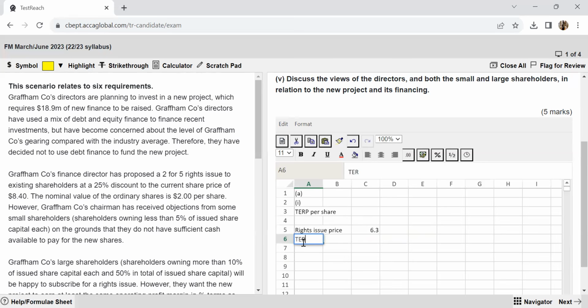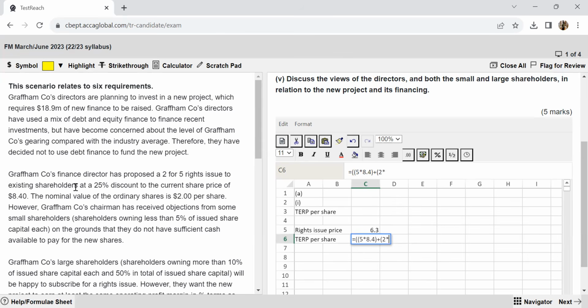Then how do we find out the TERP? TERP per share will be nothing but, first of all, for the numerator, how many shares do you need? Originally, you need 5, and the market value of those 5 is 8.4 per share. And then you add how many you are going to purchase on the rights issue.